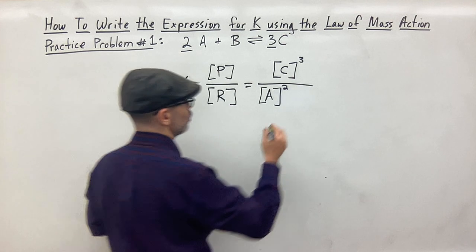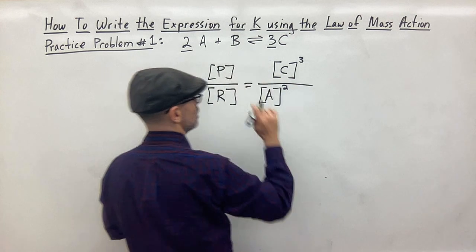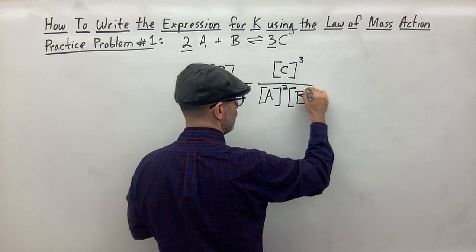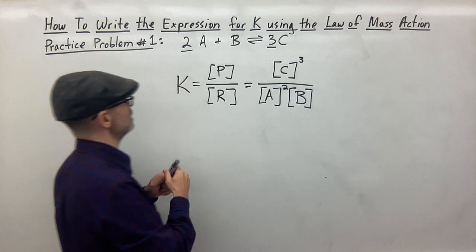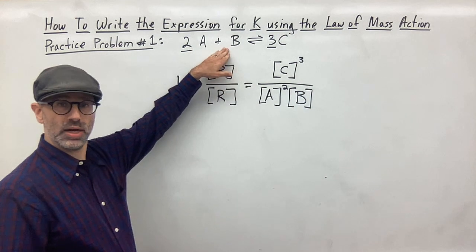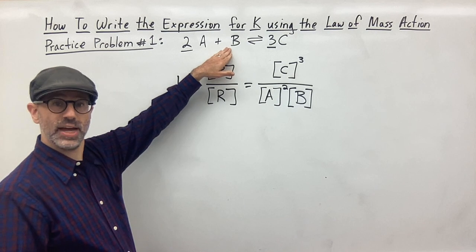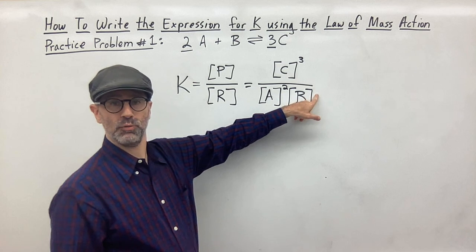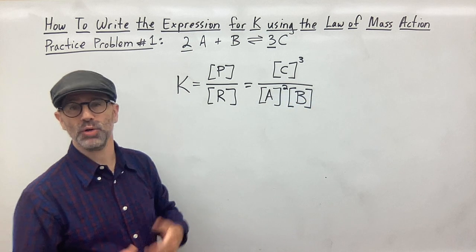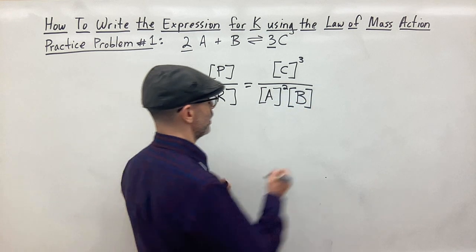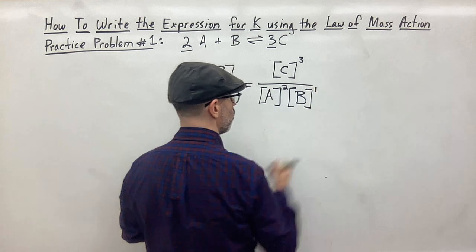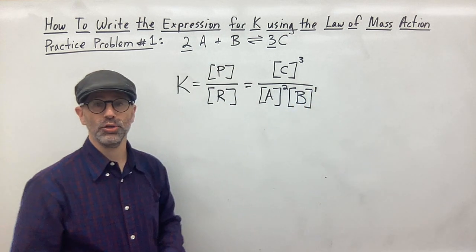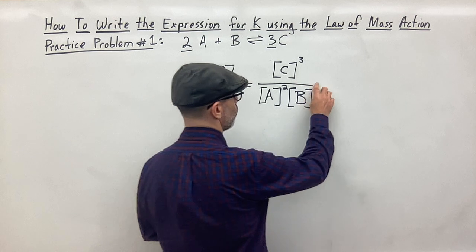And then I'm going to multiply that by my next reactant, the concentration of B. And since the coefficient here is 1, we don't write ones, but it's there, that means it's going to be raised to the power of 1. So I don't have to write the power of 1. We usually don't write the power of 1, but just to make this more clear, there's the 1, right? So you could write the 1. Usually you don't write the ones.